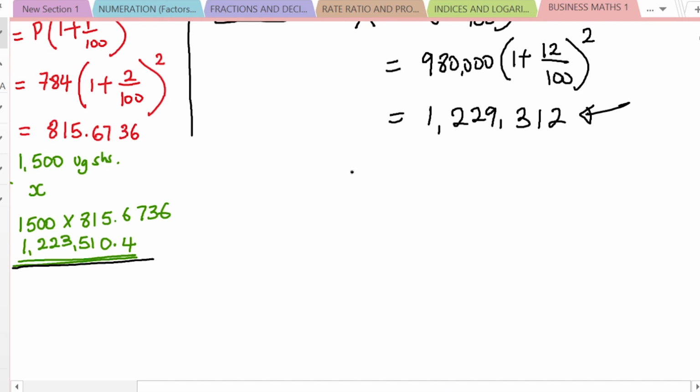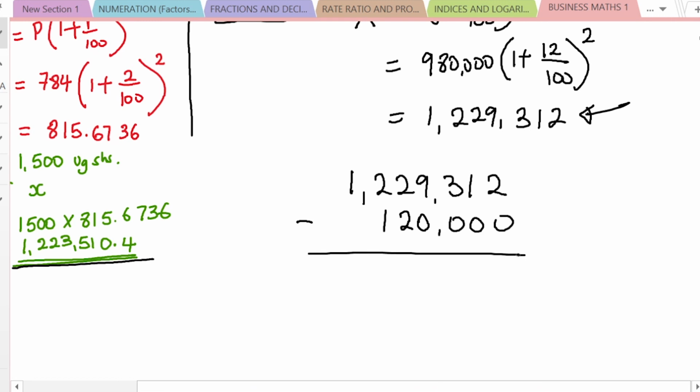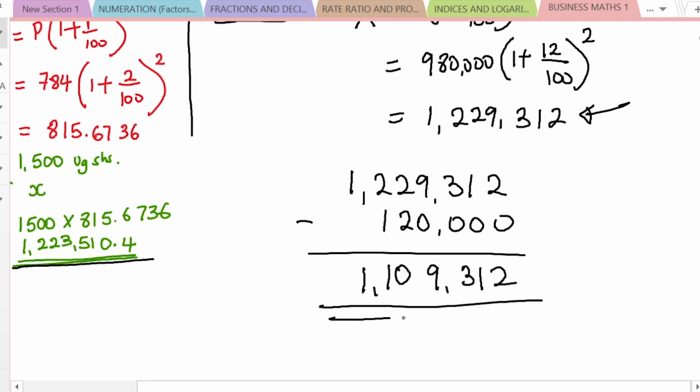So for Okot, it's going to be 1,229,312 minus the amount of money he withdraws from the bank, which is 120,000. When you subtract that amount of money, you end up with 1 million 109,312. This is how much money he now has.